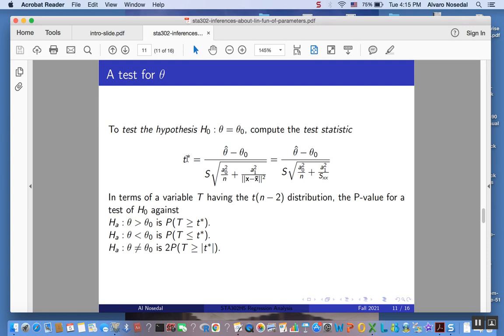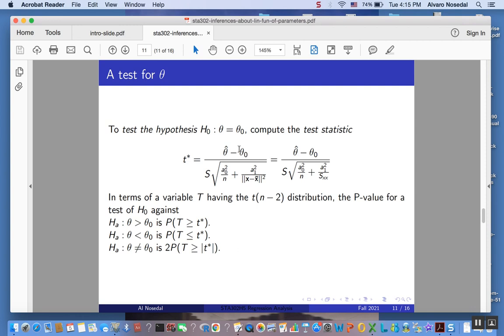Same goes for theta less than theta 0. The inequality goes in the same direction. And if you have a two-tailed alternative, then you have this expression, so basically you're taking into account these two possible cases. Okay.